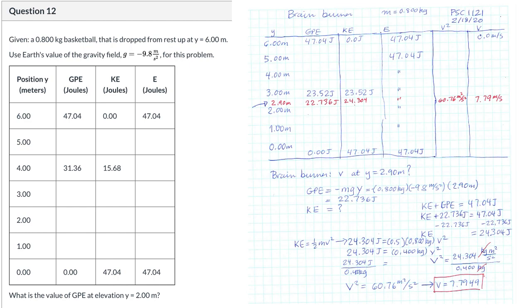Okay? So now we could put in KE plus 22.736 joules equals 47.04 joules. And guess what? You can subtract those two numbers, and the leftovers will be your kinetic energy.